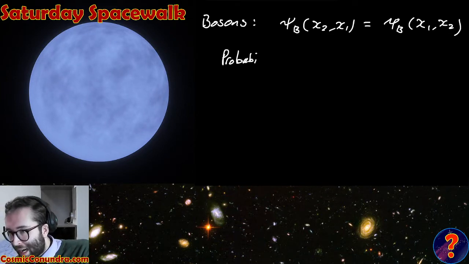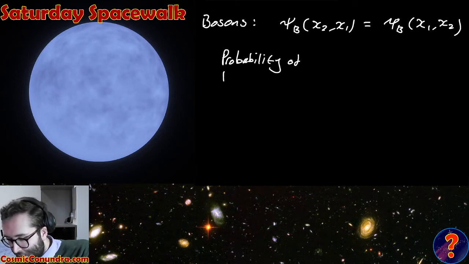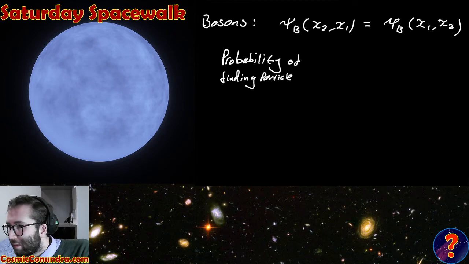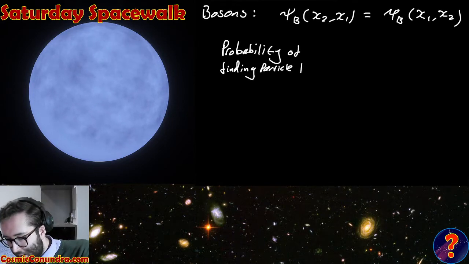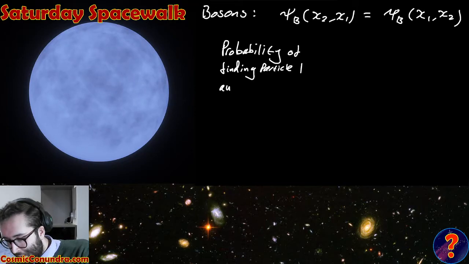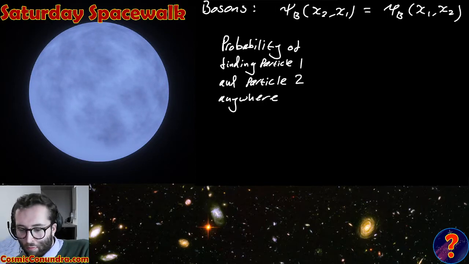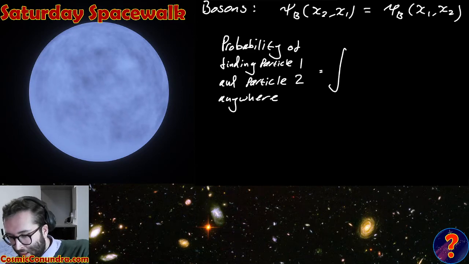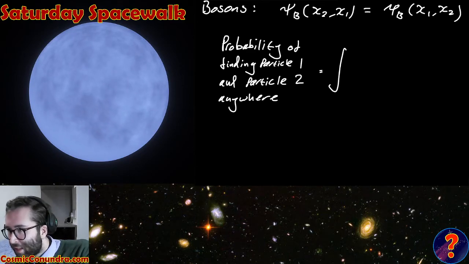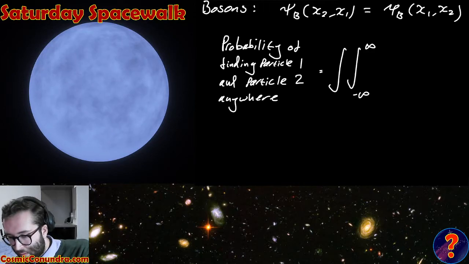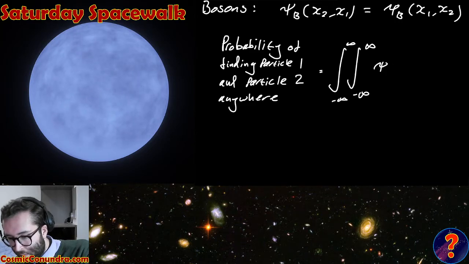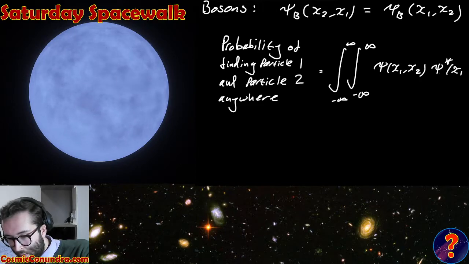If you want to get a probability out of the wave function, the probability of finding particle 1 and particle 2 anywhere in space, so in any range of positions you would want to measure it in, is given by this integral over the two-particle wave function.